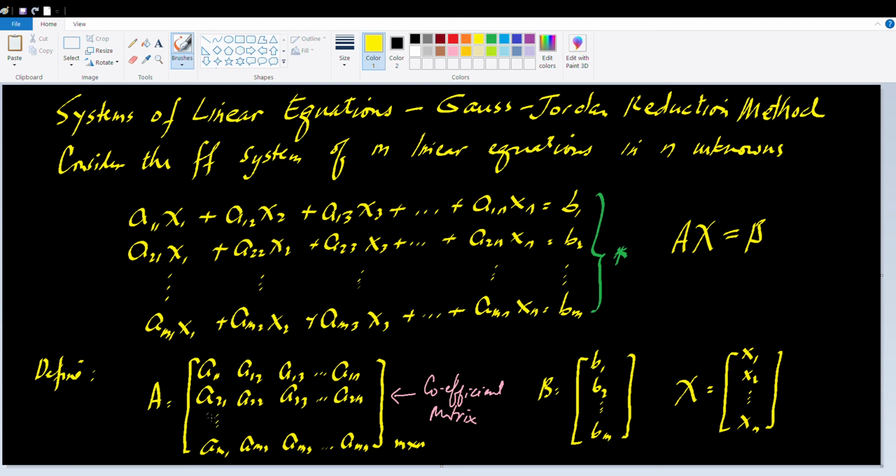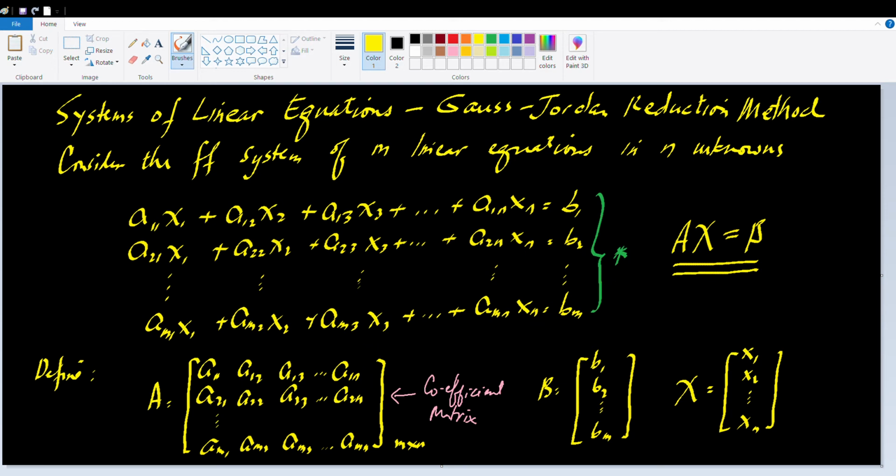The second row of A multiplied to X will give us the expression at the left of the second equation equal to b sub 2. We do that up to the last row of A multiplied to X, which will yield the left side of the m-th equation of the system equal to b sub m. Alright, so AX equal to B is a representation of the system of m equations in n unknowns.